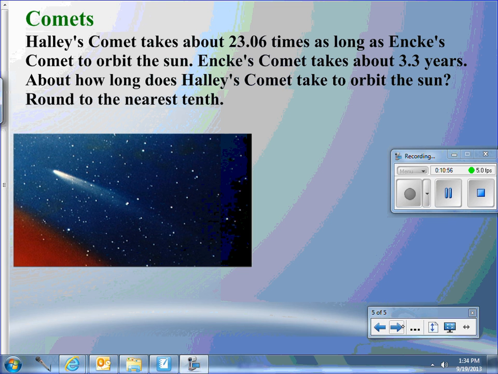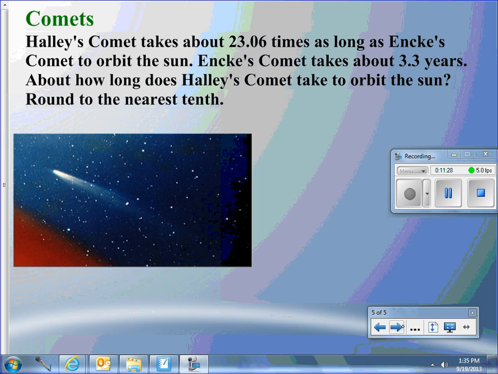All right, on our last example, we're talking about comets. Halley's Comet takes about 23 600 times as long as the Nix Comet to orbit the Sun. The Nix Comet takes about 3 3/10 years. About how long does Halley's Comet orbit the Sun? Round to the nearest 10th, which means once you get your answer, you're going to round it to the nearest 10th.